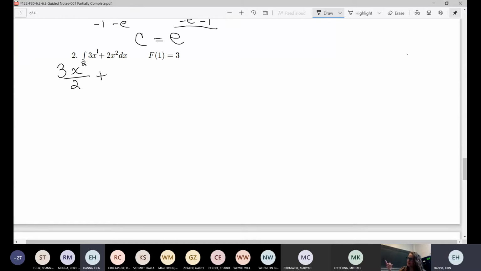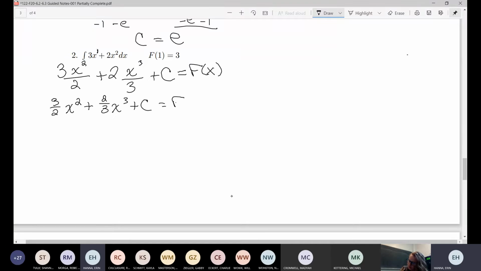And then for the second piece, that 2 is going to come along for the ride, and we're going to add 1 to the power to get x cubed and divide by the new power plus c. So I'm going to clean that up a tiny bit and write 3/2 x squared plus 2/3 x cubed plus c.